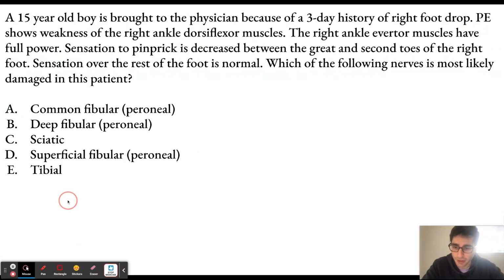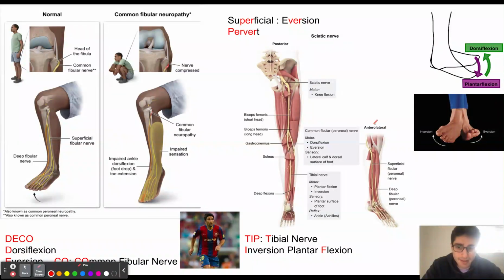Now, the common fibular nerve is going to divide into the superficial fibular nerve and the deep fibular nerve. The motor function that the superficial fibular nerve is responsible for is eversion. And the mnemonic that I use to help me remember this is the word pervert.